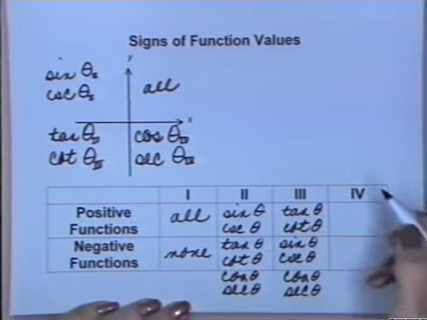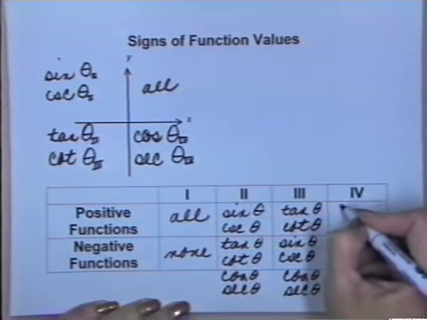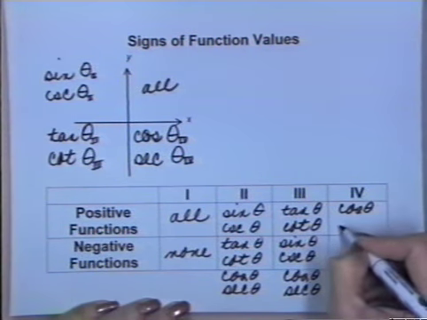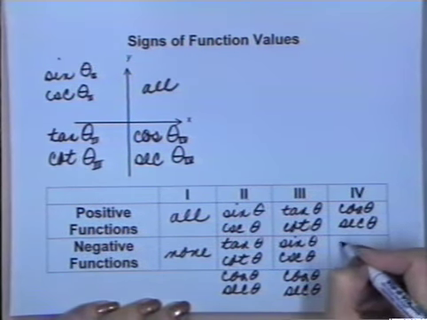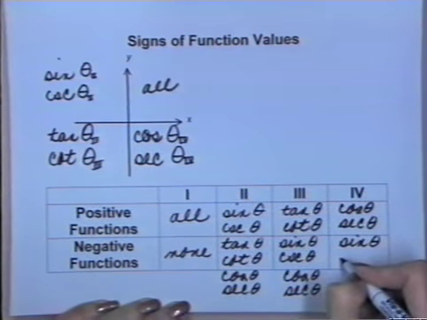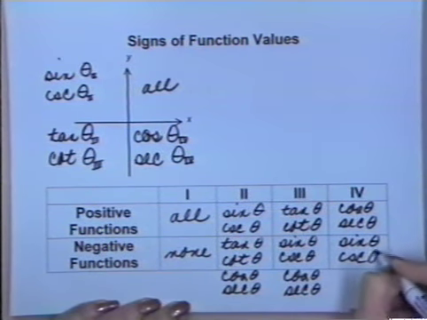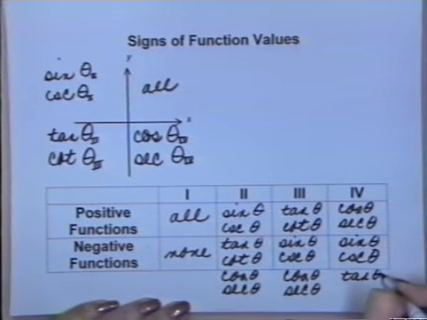In the fourth quadrant, the functions that are positive would be the cosine function and its reciprocal, and the functions that are negative would be the sine function, its reciprocal, the tangent function, and its reciprocal.